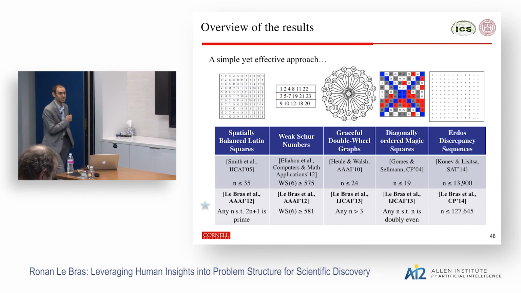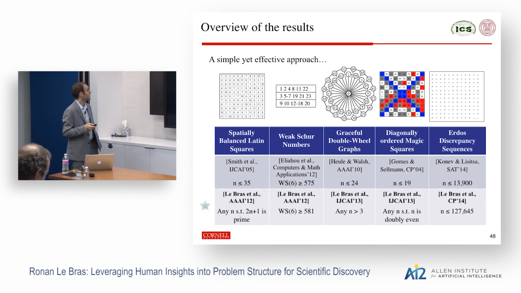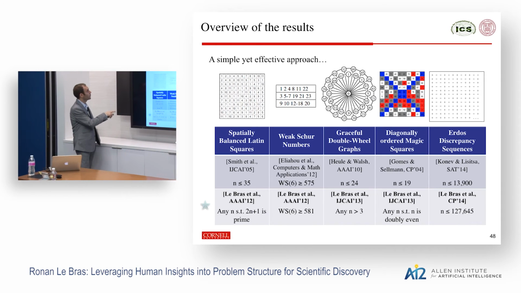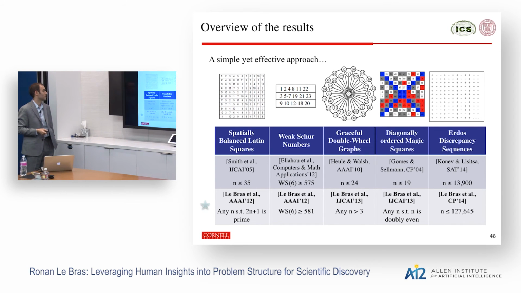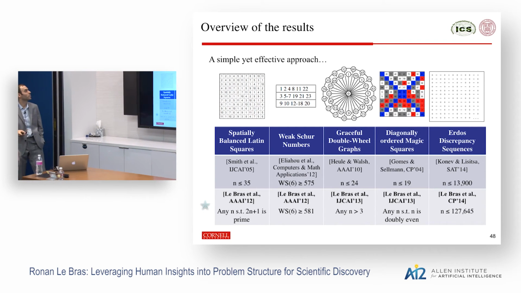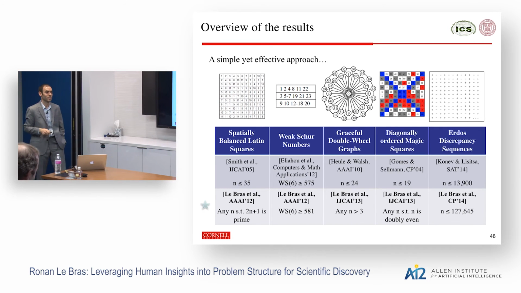All right. These 5 problems, how many people made the breakthroughs? Like 5 experts or 1 expert? Here that was mainly within our lab for the spatial balance Latin square, like 5 people looking at this problem, and that's it.